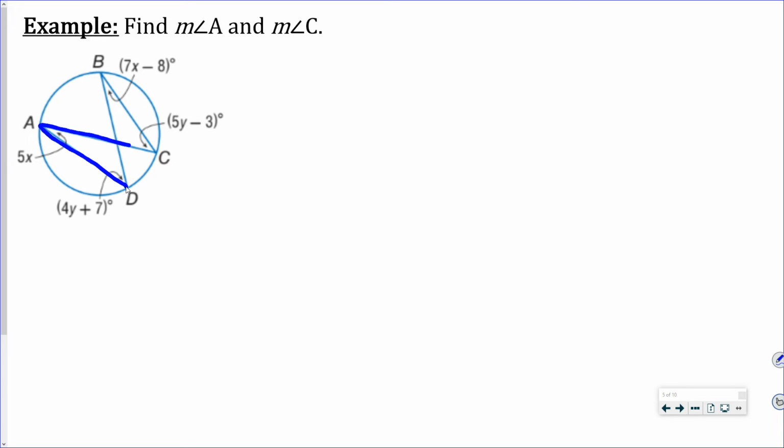Is this inscribed angle right here? It's forming arc what? CD. Yep. What other inscribed angle is forming arc CD? B. See that? Those have to be congruent.